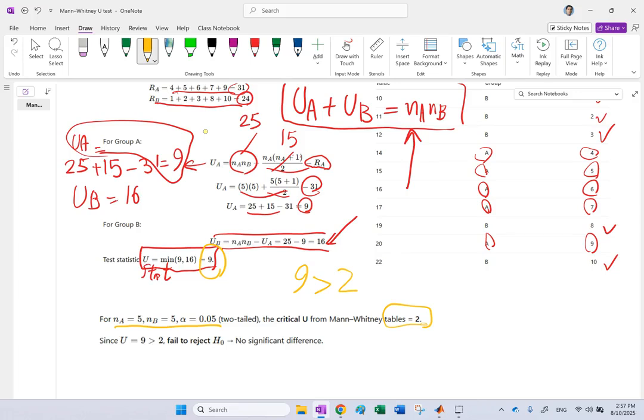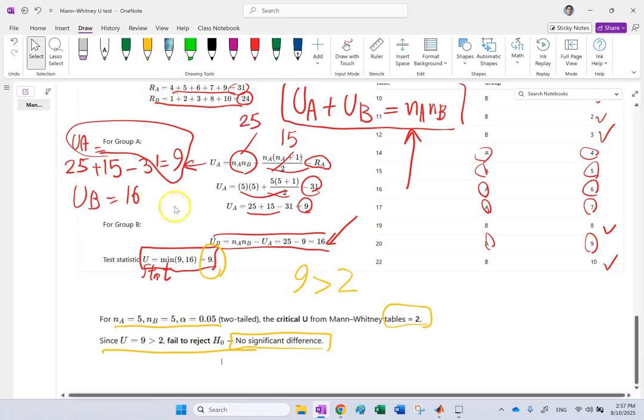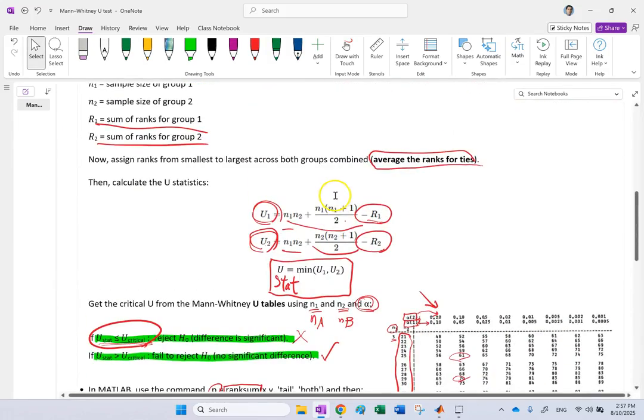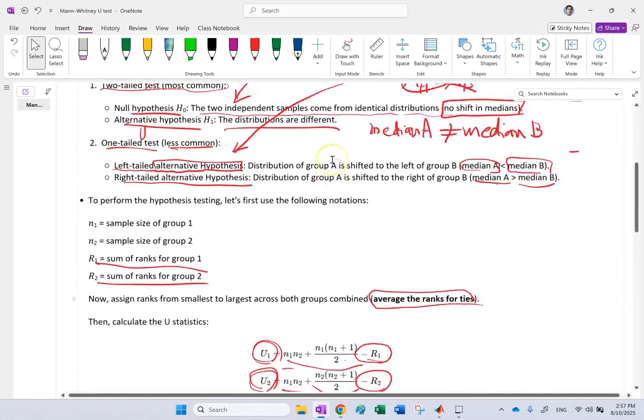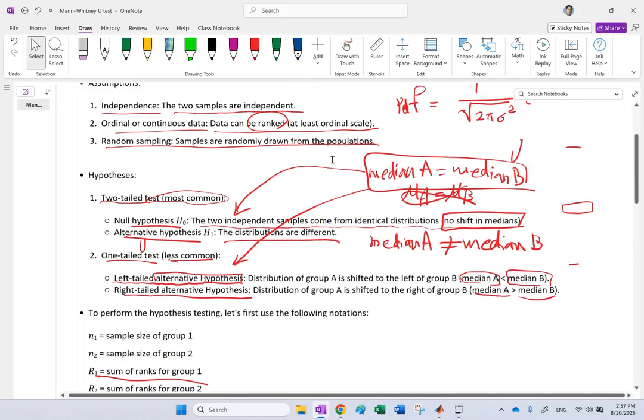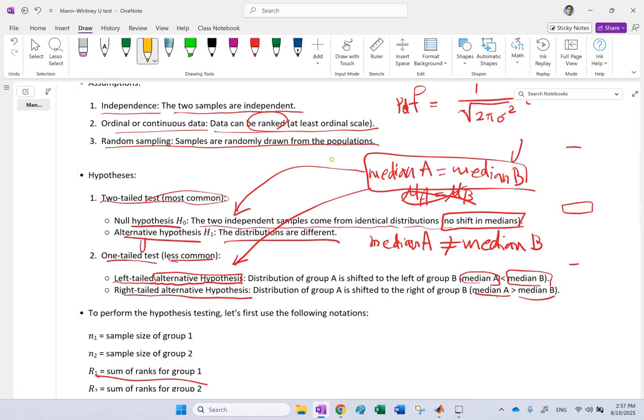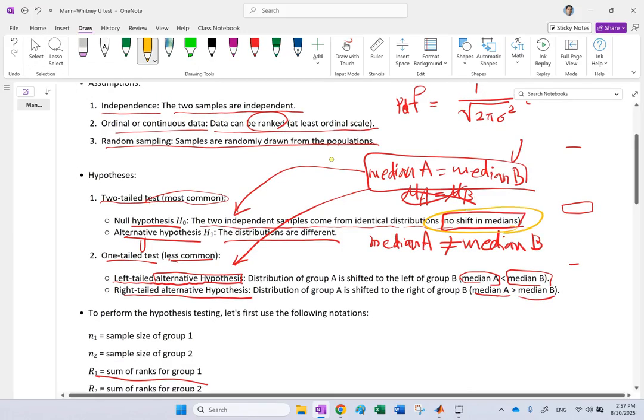And in previous cases, as I said, T, Z, and F, that means rejection. In this case, bigger means no rejection. So you fail to reject, and fail to reject means there is no significant difference. Fail to reject is kind of like accept, and accept is what? What was your null hypothesis? It was that the medians are the same.